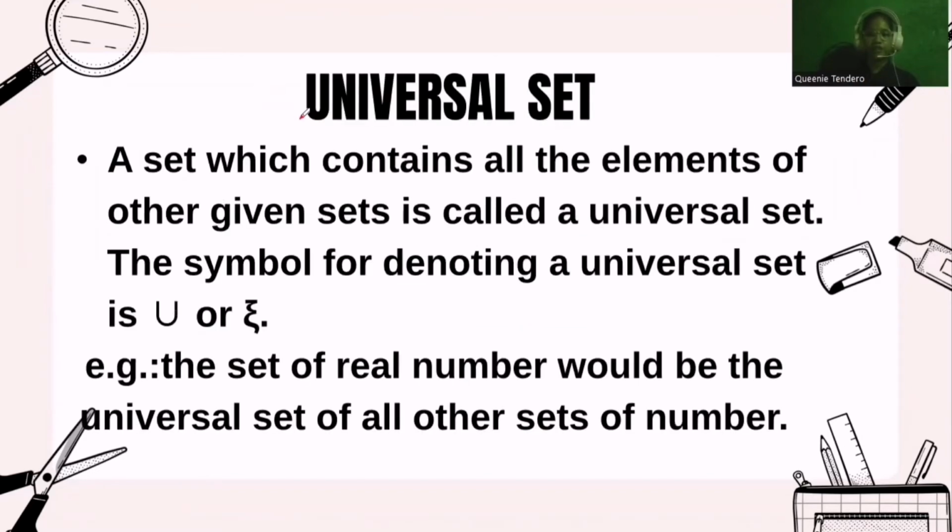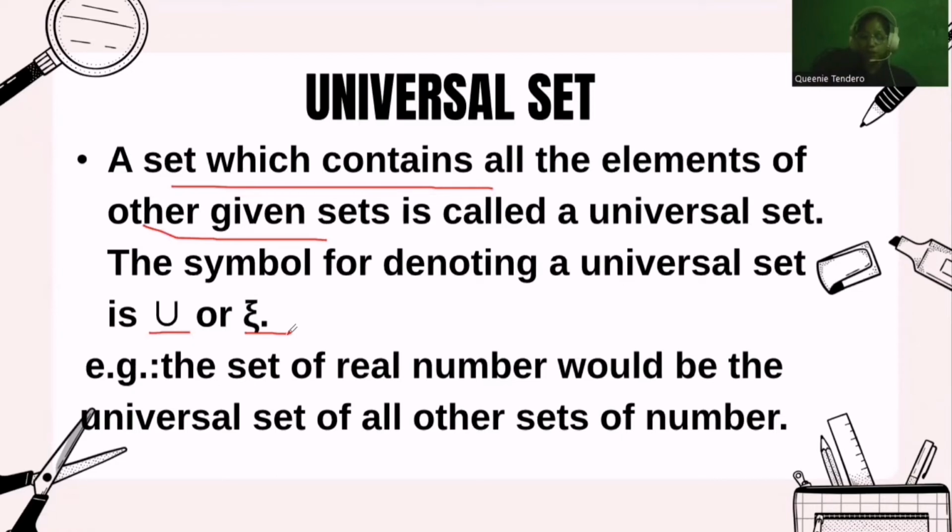Okay, for universal set, please read, Mr. Intia. Thank you so much, Mr. Intia. So a universal set is a set which contains all the elements of other given sets. The symbol for denoting universal set is a U or this symbol. For example, the set of real numbers would be the universal set of all other sets of numbers.